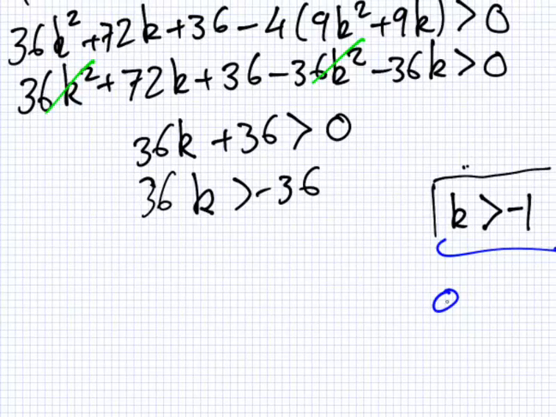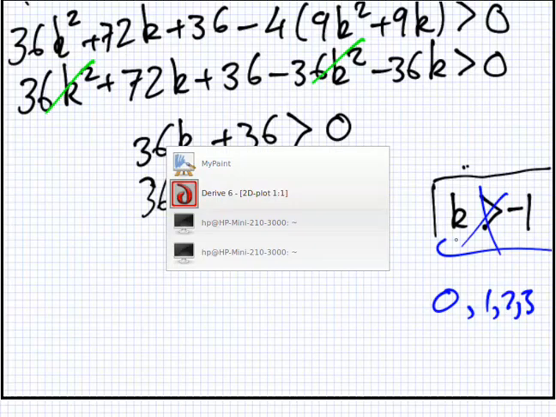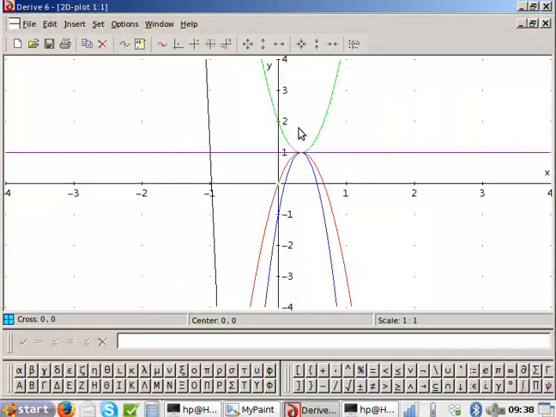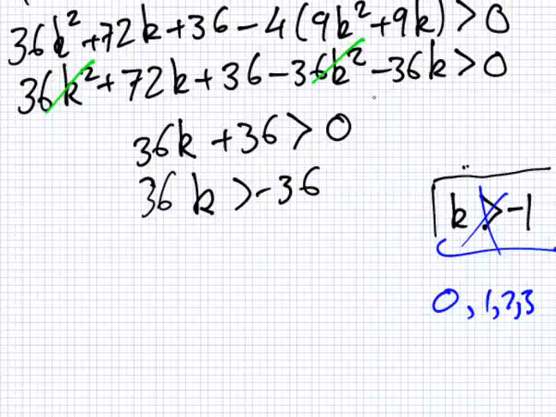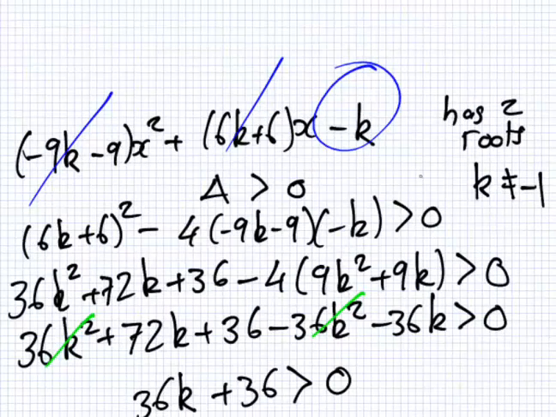36k squared plus 72k plus 36 minus 4 times 9k squared plus 9k should be bigger than 0. So 36k squared plus 72k plus 36 minus 36k squared minus 36k should be bigger than 0.